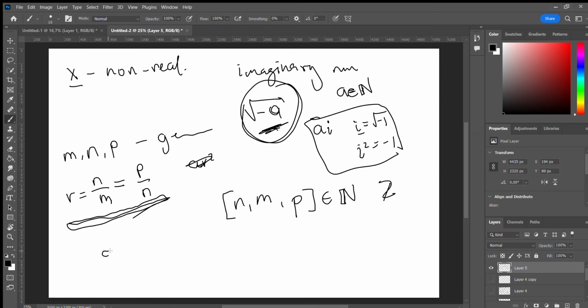The geometric sequence goes a, ar, ar squared, etc. So we know that r would be ar over a, which equals ar squared over ar, which is true, they're all equal to r. So that is where this comes from.